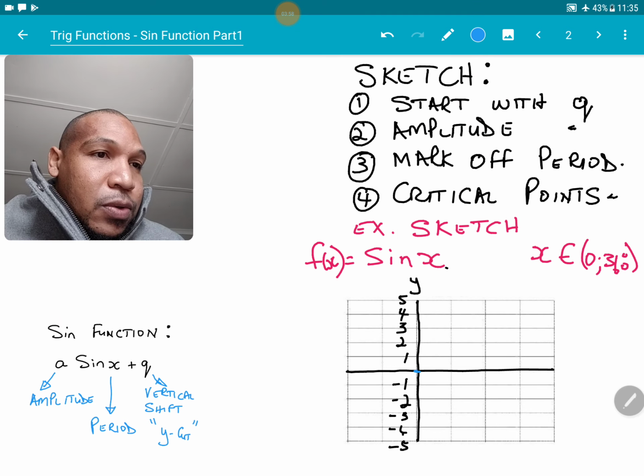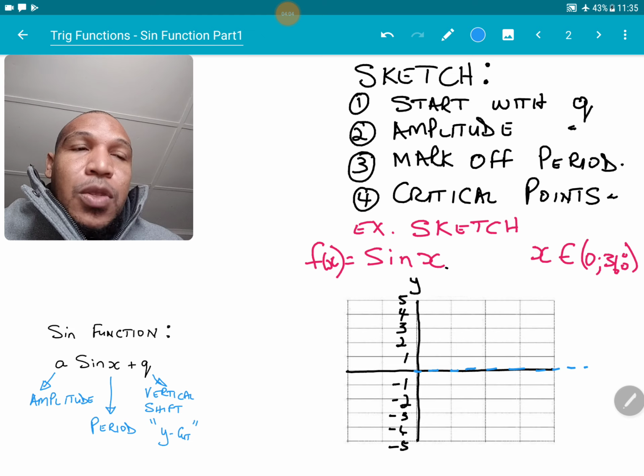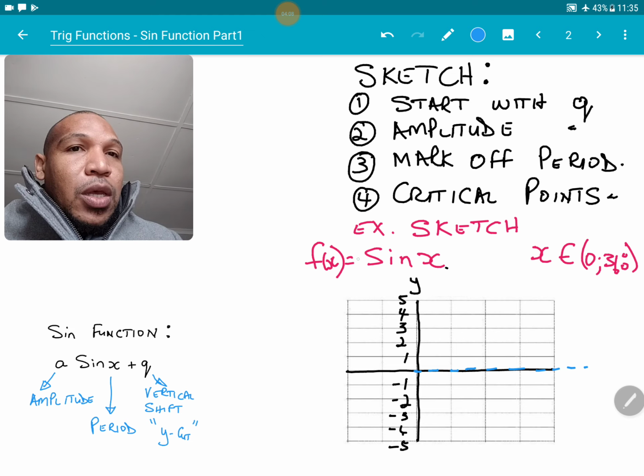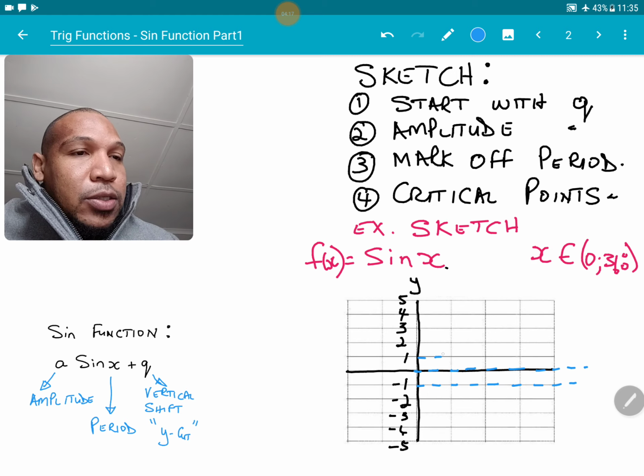So I will just draw a simple line there on 0. Our amplitude is 1. So I'll go 1 above and 1 below.